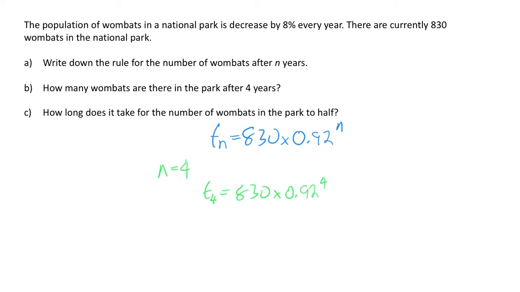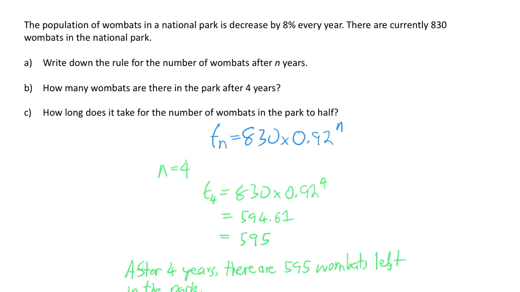So using the calculator, it's going to equal a value of 594.61, and that is going to round to 595. So it rounds to 595 because we haven't gone past the 594 value yet, so it stays at 595. So we'll go ahead and write that as our final answer. After 4 years, there are 595 wombats left in the park.